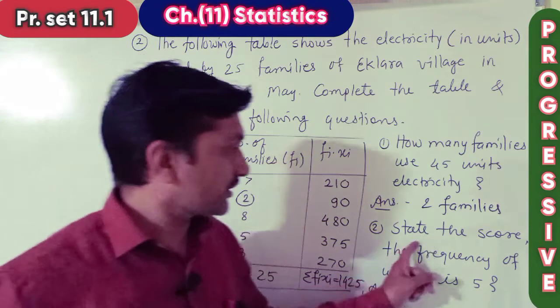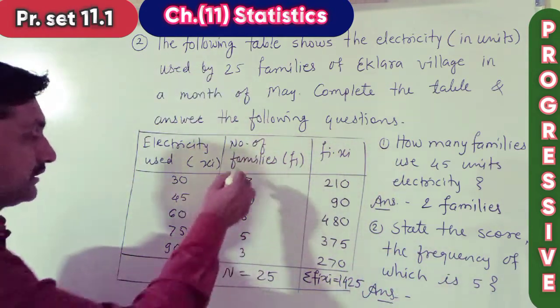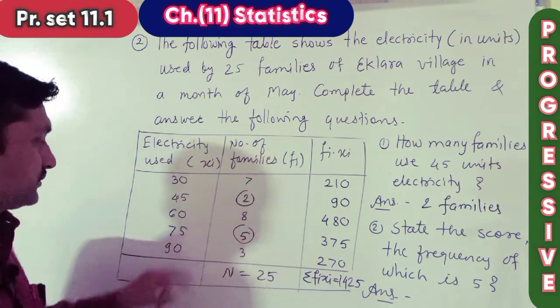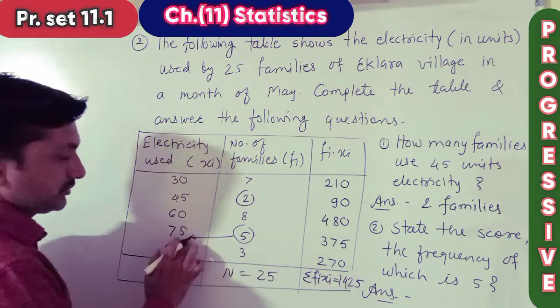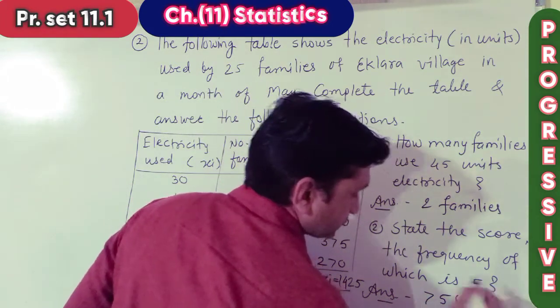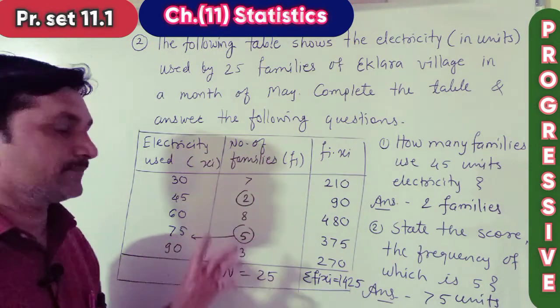Second question is, state the score, the frequency of which is phi. Frequency phi is here, and we want the score. The score is this, 75 units.